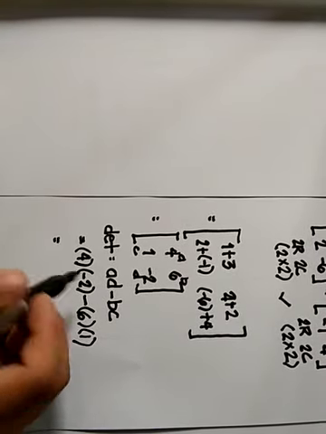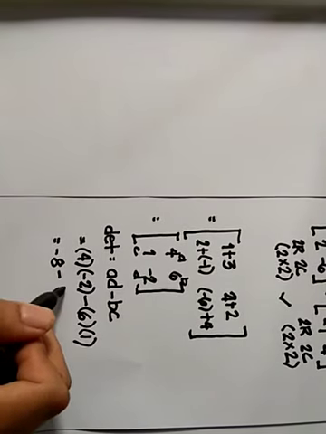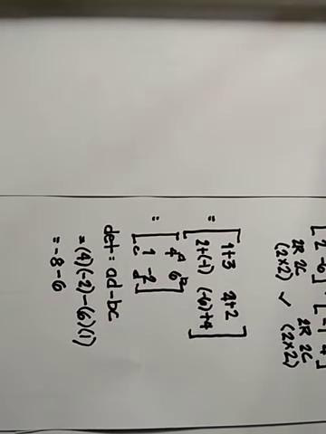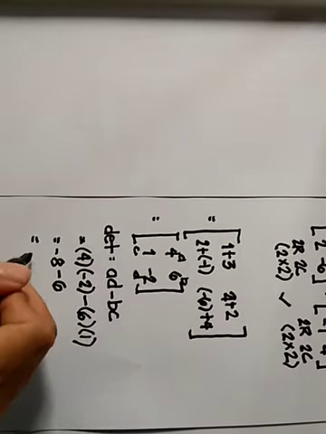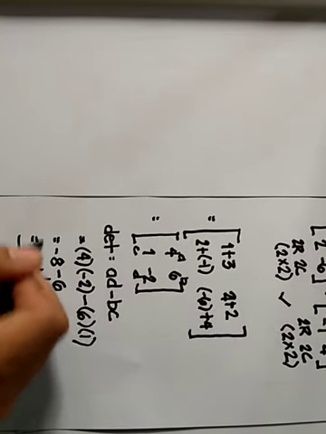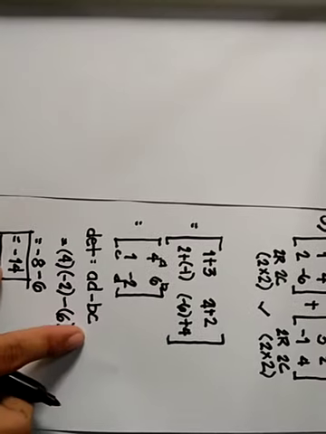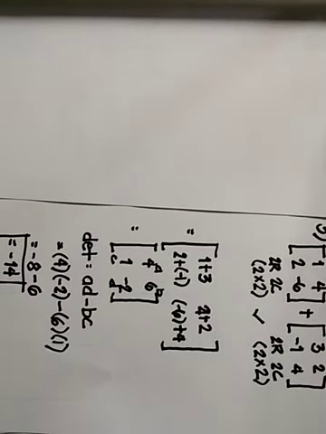So, we will have 4 times negative 2 is negative 8 minus 6 times 1, that is 6. So, kapag atin siyang pinag-minus, yung ating negative 8 minus 6, we will have yung ating difference, which is negative 14. So, the determinant for our matrix is negative 14. So, that is our final answer.